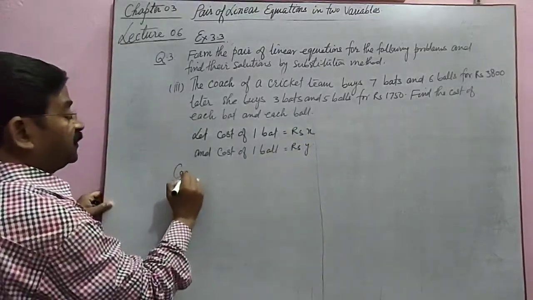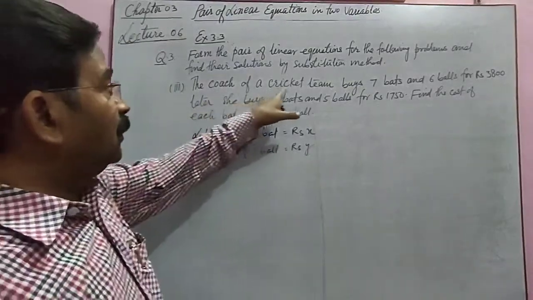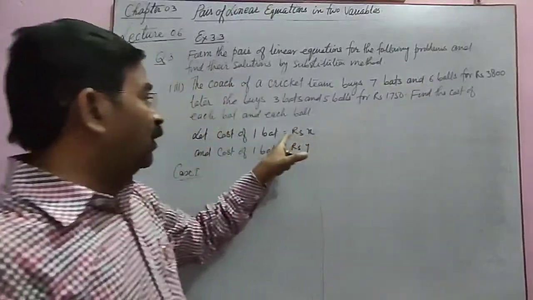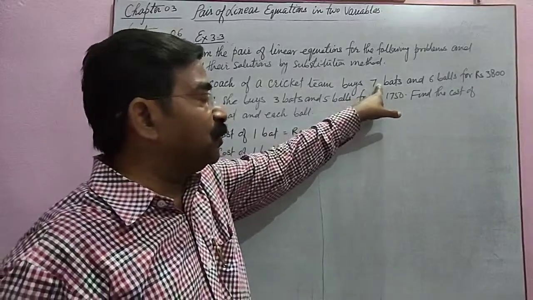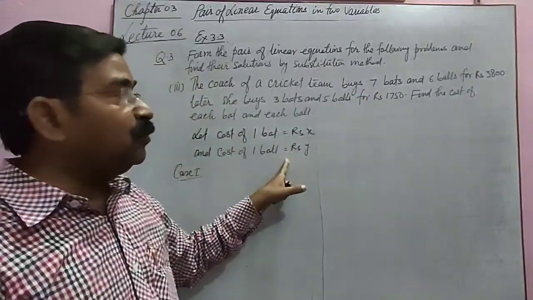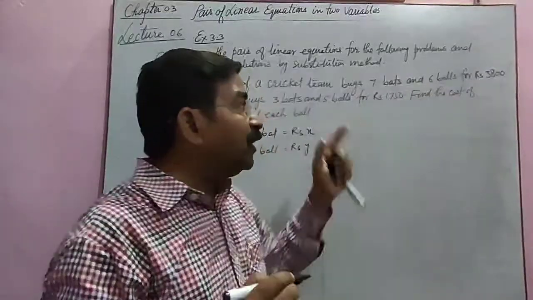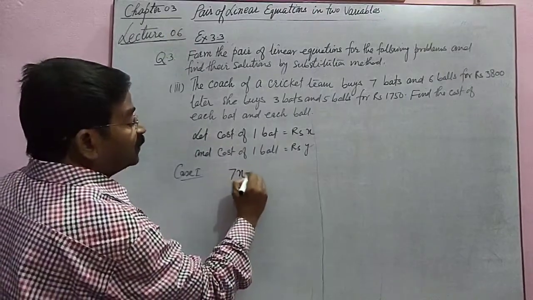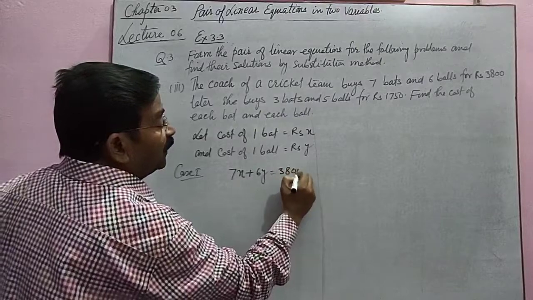Now in first case, what do we have? Buy 7 bats and 6 balls. 1 bat costs x rupees, so 7 bats cost 7x rupees. 1 ball costs y rupees, so 6 balls cost 6y, together 3,800. So we can write 7x plus 6y is equal to 3,800.